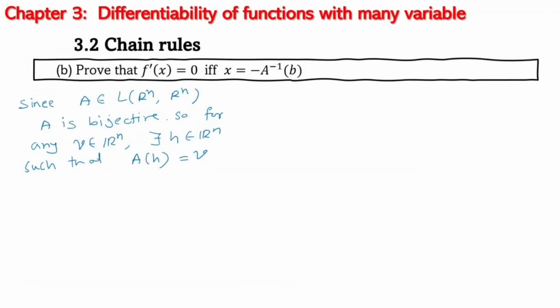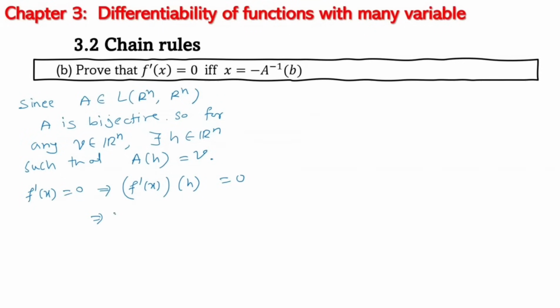Then we have f dash x is equal to 0. So this implies f dash x operating on h is equal to 0.